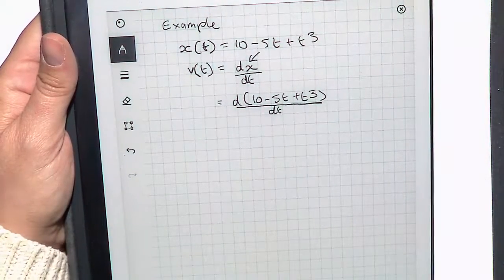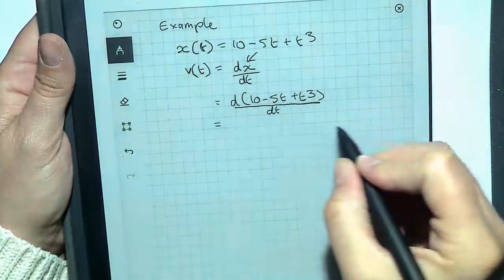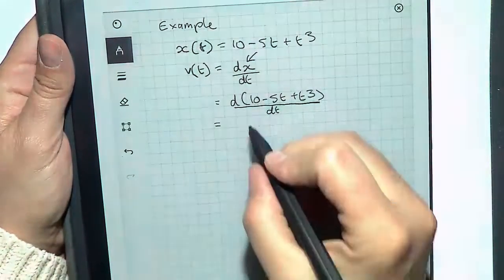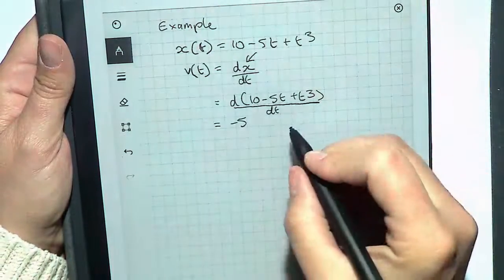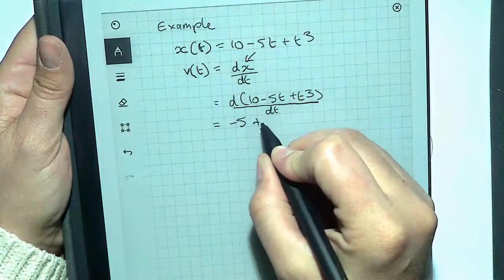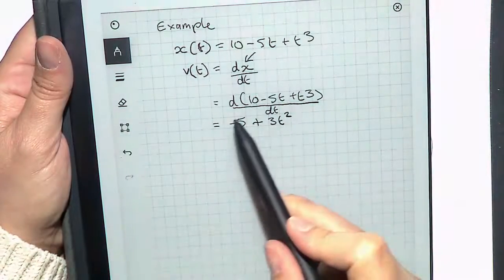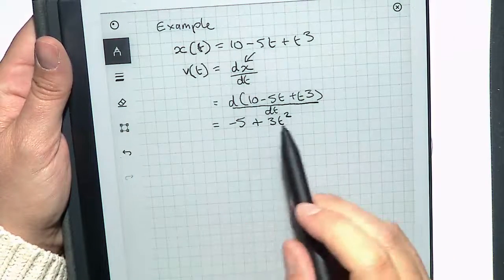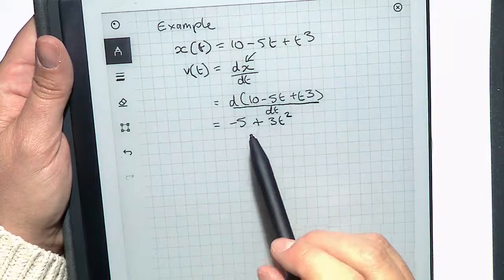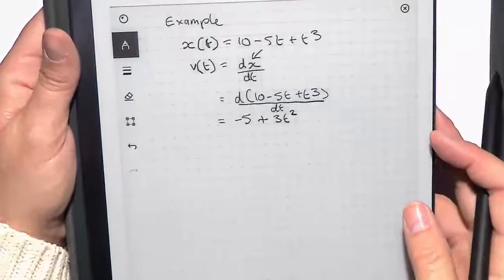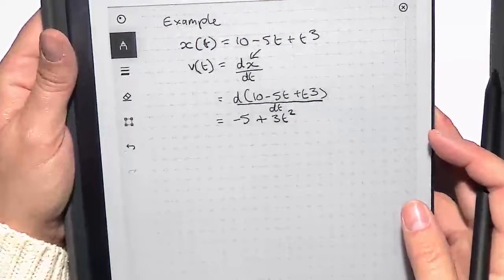And what we'll get from that derivative is we won't get the 10 propagating down, we'll get minus 5 plus 3t squared.